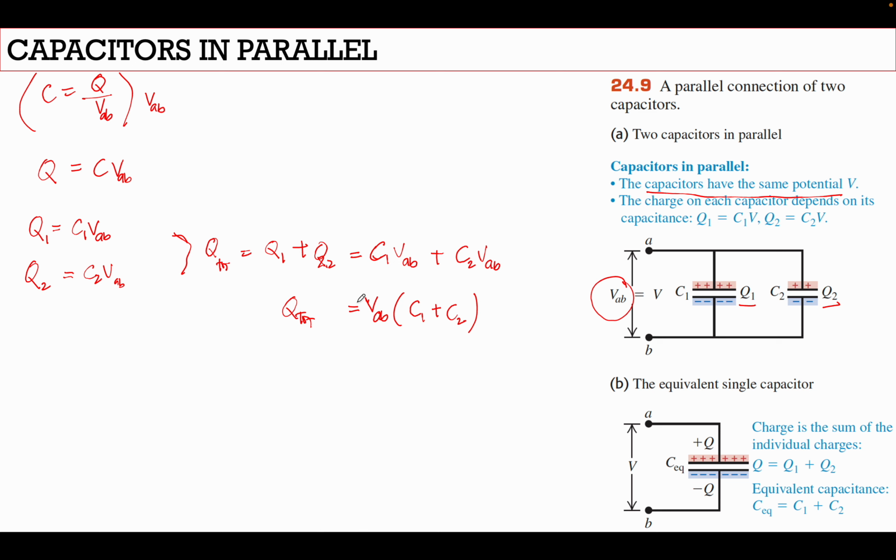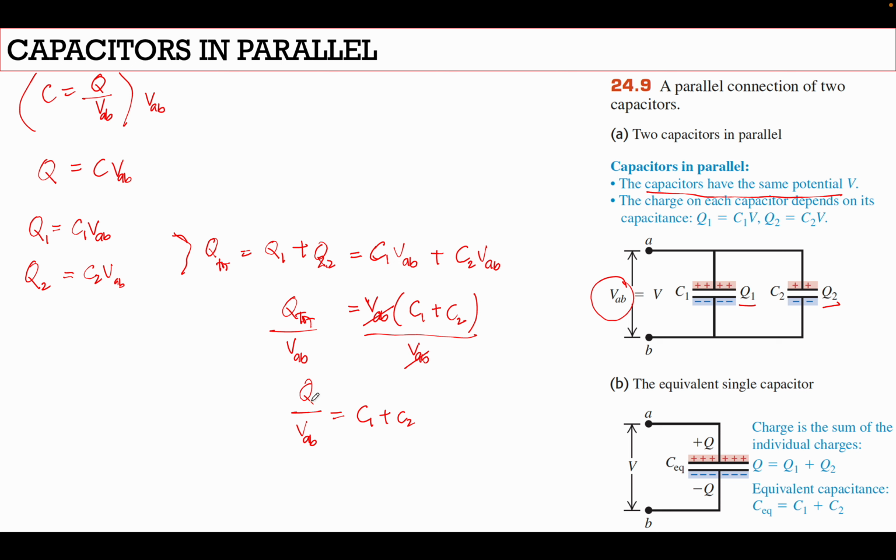So now, dividing both sides by the potential difference, VAB, it cancels out. So we have Q over VAB is equal to the sum of the capacitances of these two capacitors. Now take note that Q divided by VAB is just the capacitance.